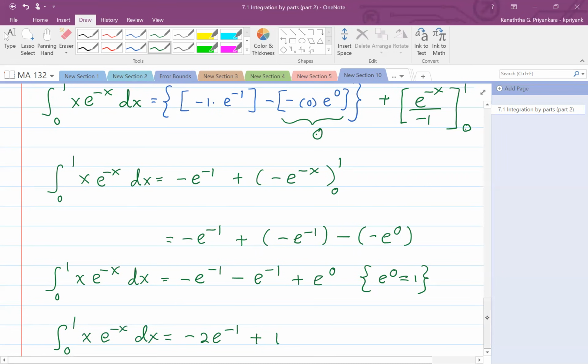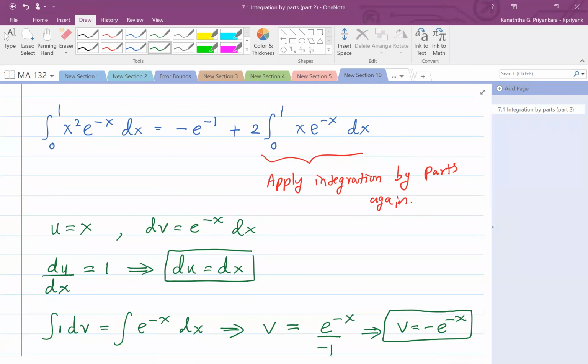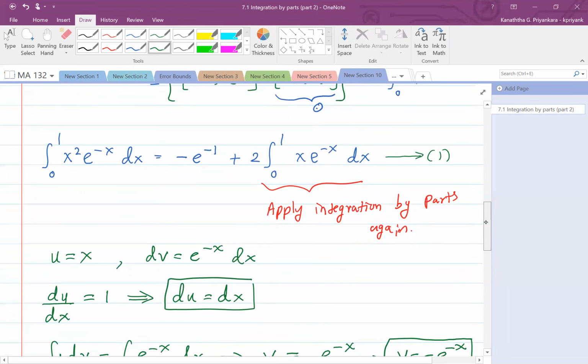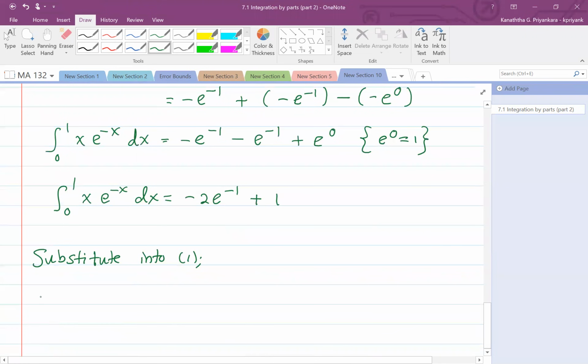Now I'm going to substitute this value into this integral. So I will take this as equation 1. Now substitute into 1. So we have equation 1, which is the integral from 0 to 1 of x squared e to the power negative x dx.